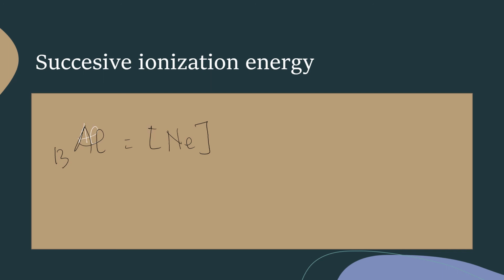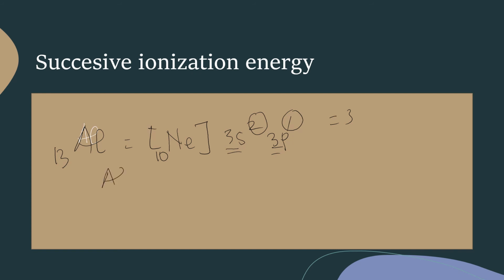Neon is number 10 in the second period, so we continue with 3s2 and then 3p1. Here the outermost shell is the third shell, so the valence electrons are 3. Aluminum needs to release 3 electrons to be stable, just like the noble gas neon.